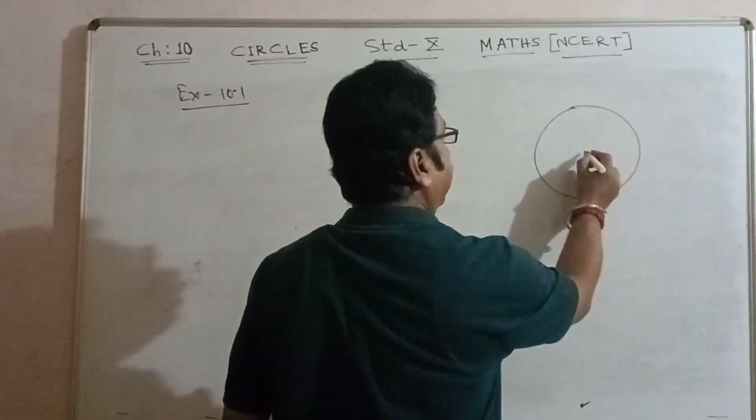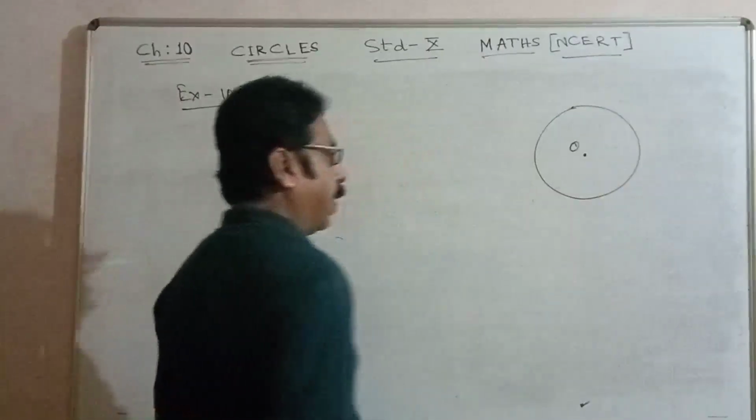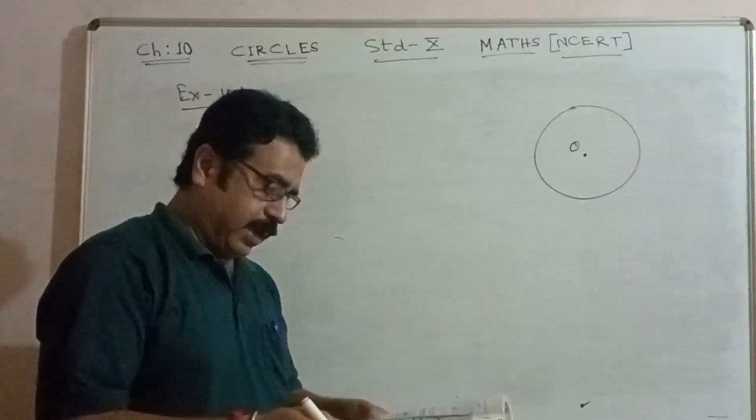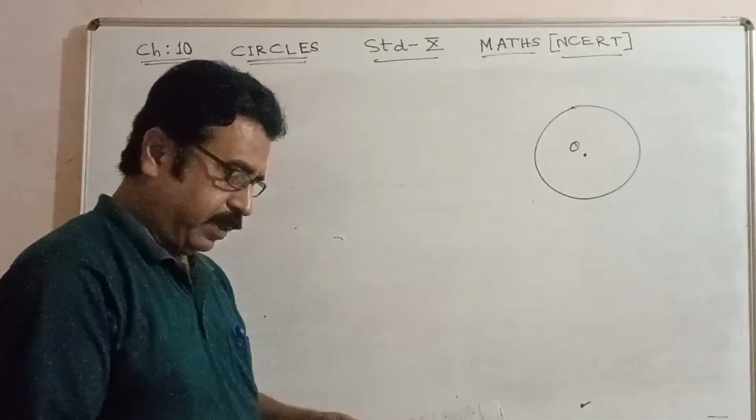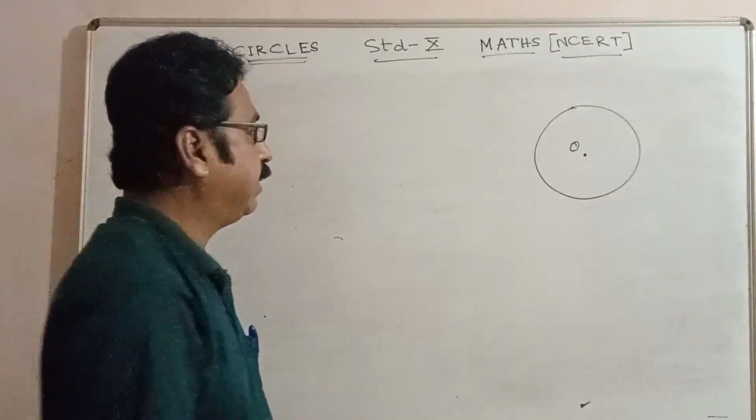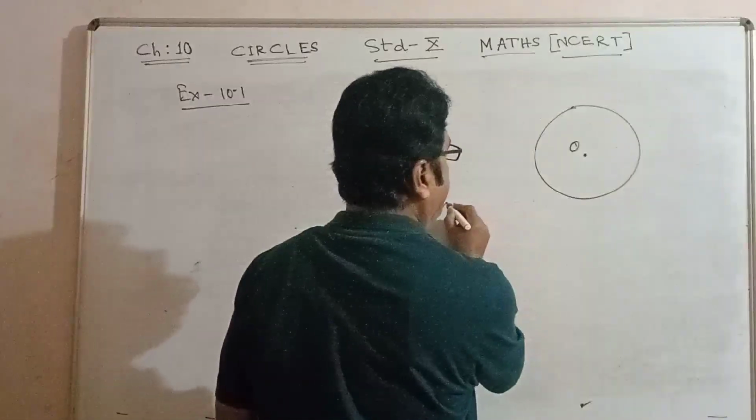It is a circle with center O. Draw a circle and two lines parallel to a given line such that one is a tangent and another is a secant.